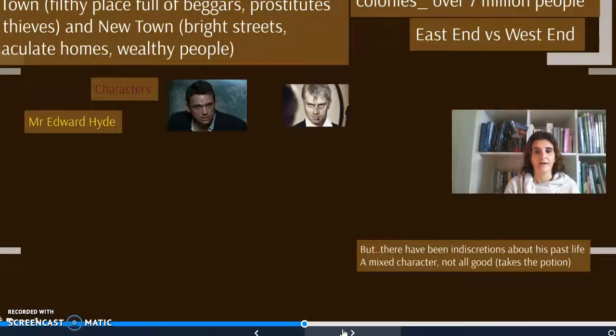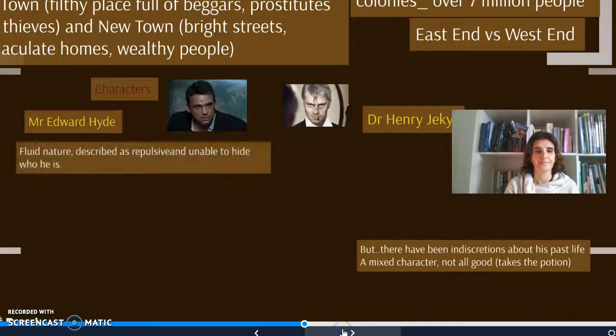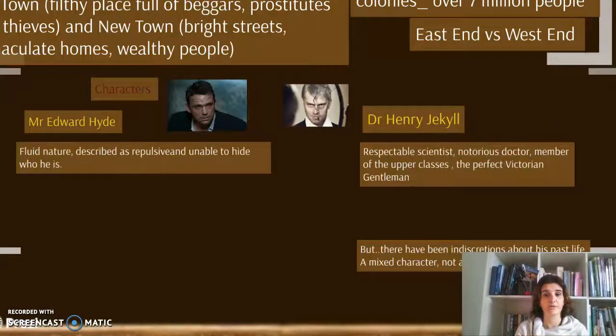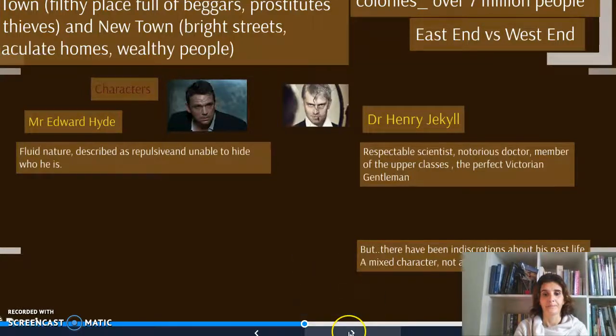Mr. Edward Hyde is of a fluid nature. He is described in the novel as repulsive and unable to hide who he is and what he does. On the other side, Dr. Jekyll is a respectable scientist, a notorious doctor, well known and well learned.